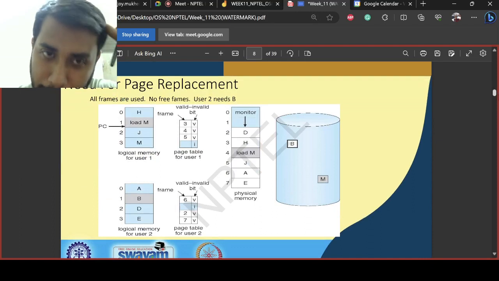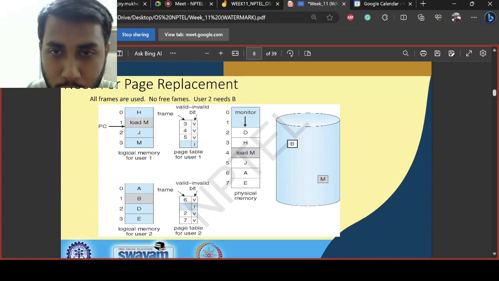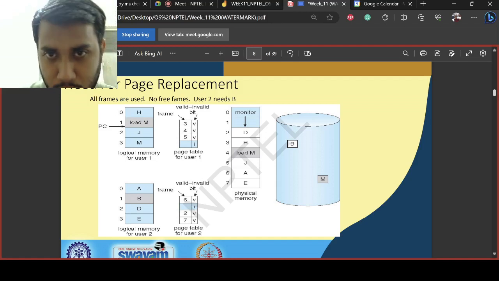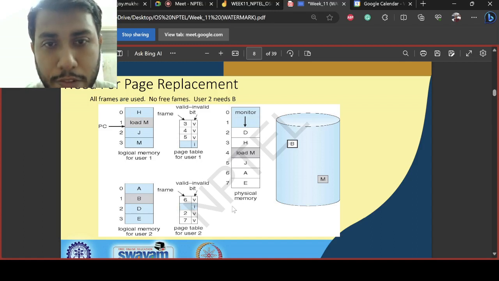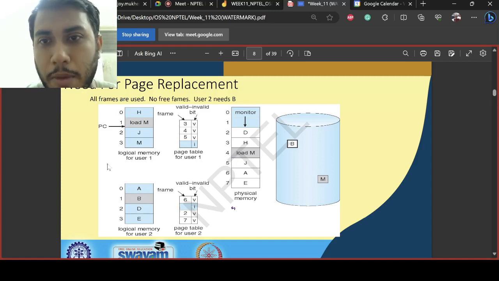This is an example of the need for page replacement. This is your physical memory. This is logical memory for user 1, and this is a page table.